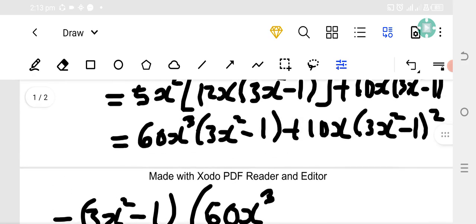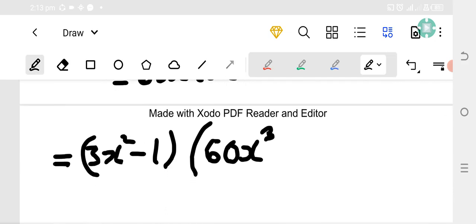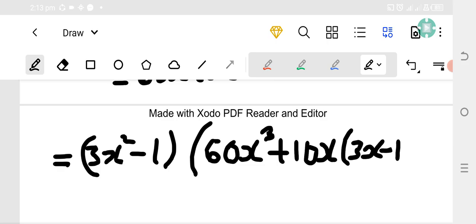And then what remains on this side is plus 10x, hopefully you're following, plus 10x multiplied by (3x squared minus 1), like that. You can close the bracket.